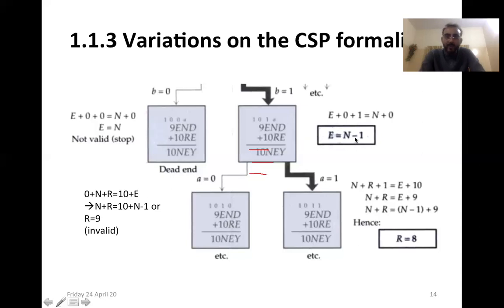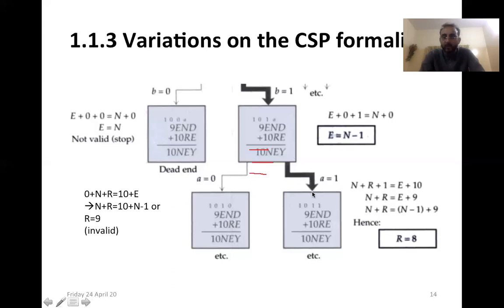So we can replace this E with N minus 1, and then we can cancel this N with this N, and finally we will have R is equal to 9. Here in this tree, we already have the value 9 for S, and we are now getting R is equal to 9, which is violating our constraints. So that's why it is invalid.